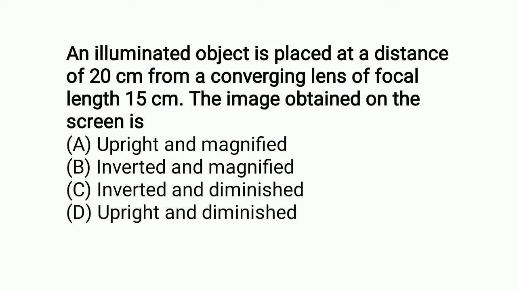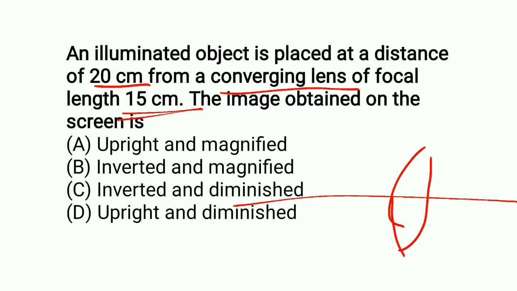Next question. An illuminated object is placed at a distance of 20 centimeter from a converging lens of focal length 15 centimeter. The image obtained on the screen is, okay, so here we have a convex lens, and the object is kept at 20 centimeter.